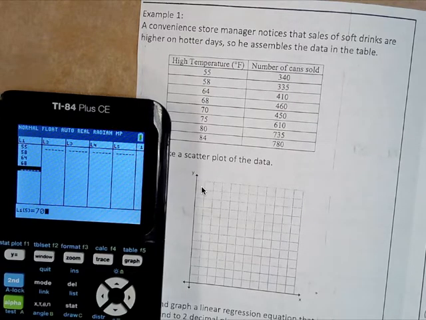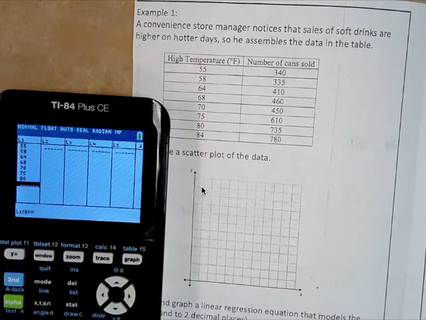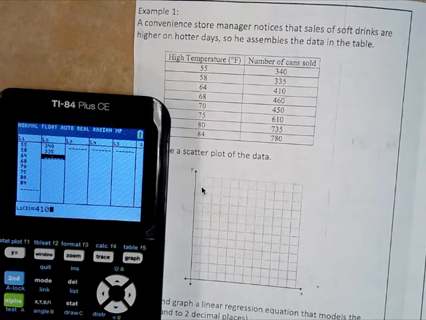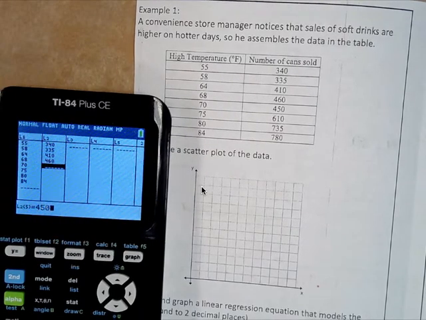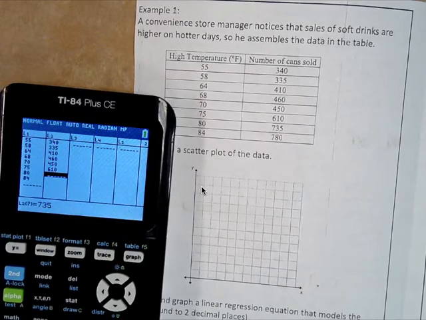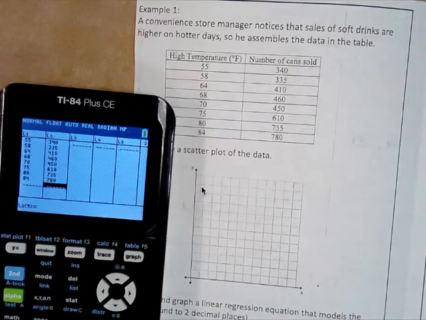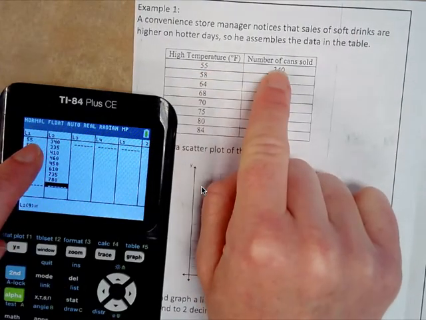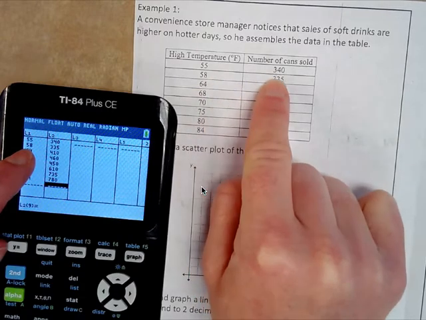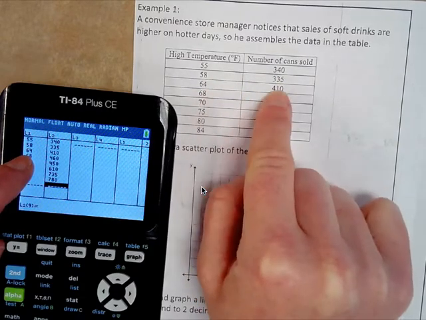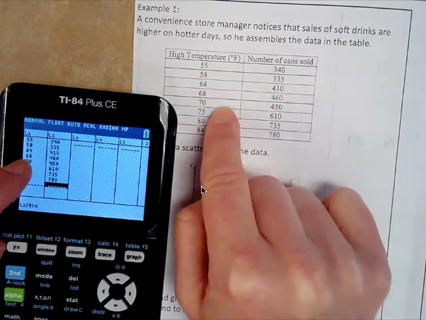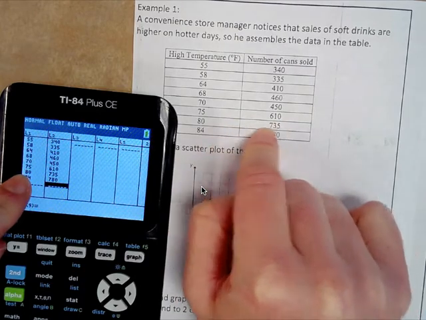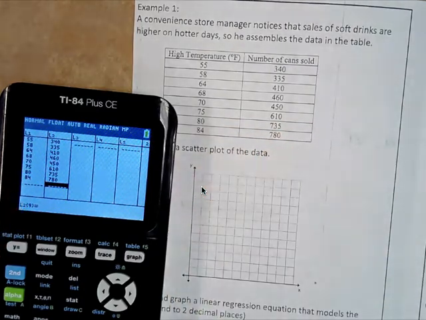Everyone should be doing this with me. And before you do anything with it, you need to double check everything. 55 is with 340. 58 is with 335. 64 is with 410. 68 is with 460. 70 is with 450. 75 is with 610. 80 is 735. 84 is 780.